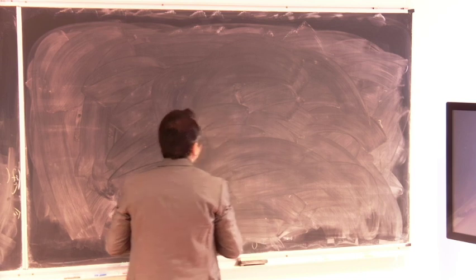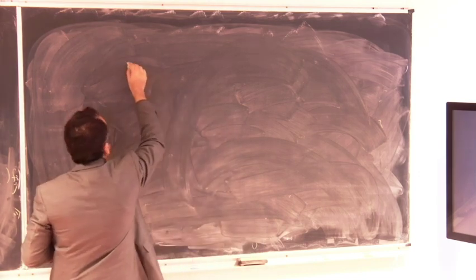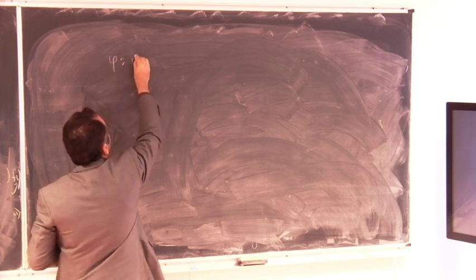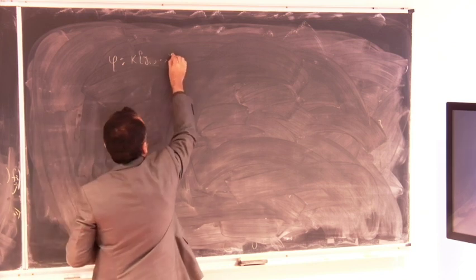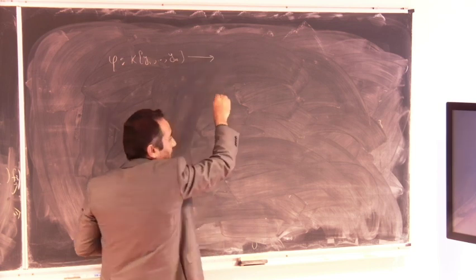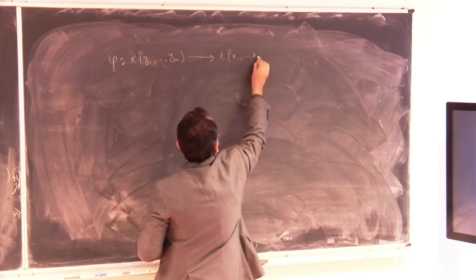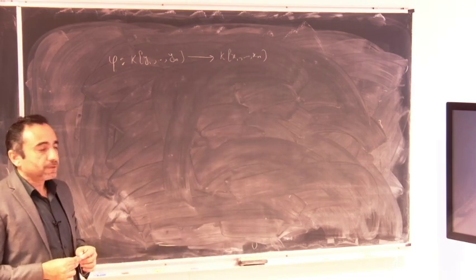So we have a map, say phi, from k of y1 up to yn to k of x1 up to xn. So it is from the y variables to the x variables.